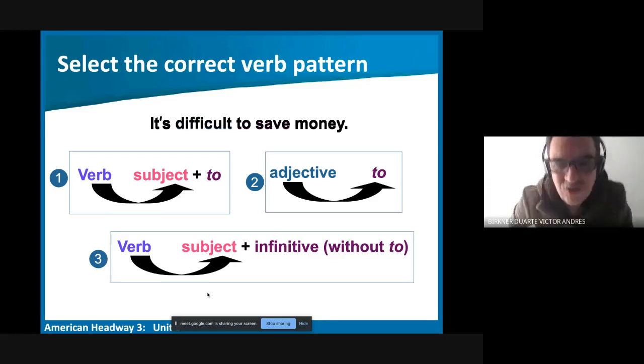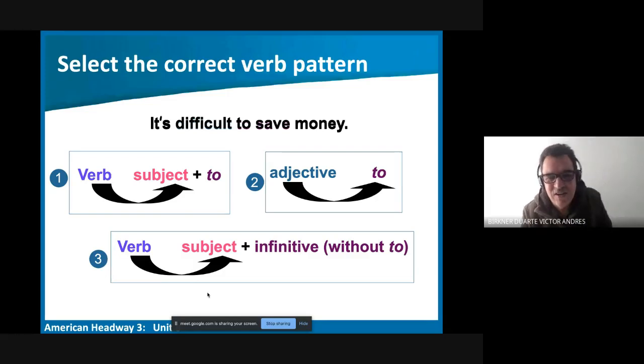I cannot see your chat, so I need your voice. Which one do you think would be the correct form? Subject plus verb, subject plus adjective plus to, verb, or subject plus infinitive without to. Which one do you think is the correct pattern for this particular sentence? It's difficult to save money.